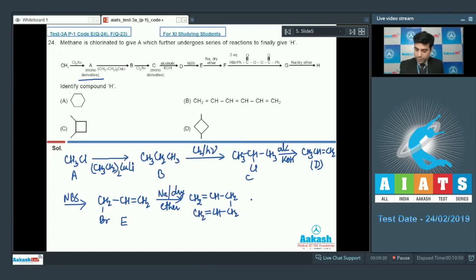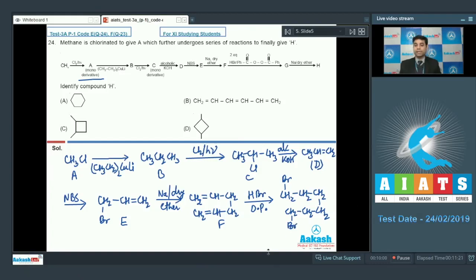Now this is F. Here we are using 2 equivalents of HBr in organic peroxide, which is benzoyl peroxide here. So anti-Markovnikov addition takes place and this is the product formed: Br-CH2-CH2-CH2-CH2-CH2-CH2-Br.